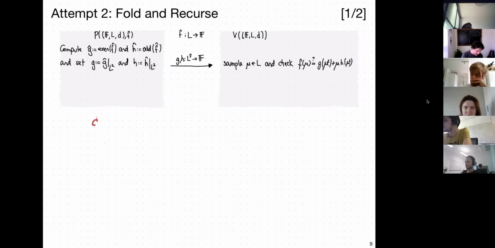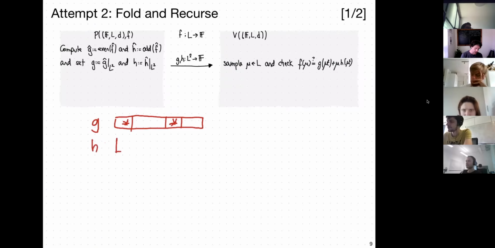We have this G function, and these are the good places, but we have some errors here and here. These are the places which do not correspond to a low degree polynomial. And we have this function H, and maybe we have some errors here and maybe some here.